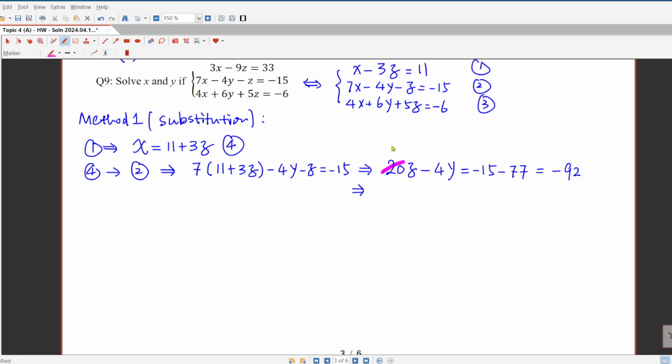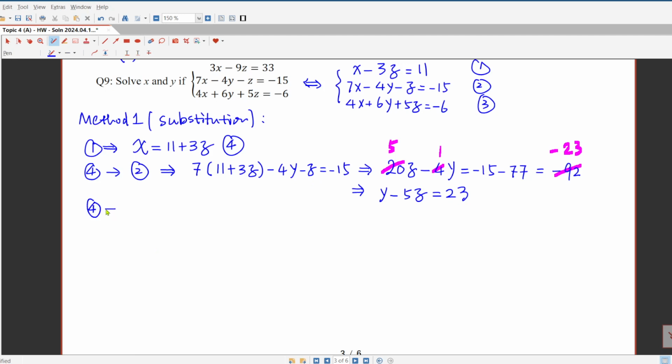So this will give us 5z, negative 1, y, 23, right? And that gives us y minus 5z equals 23, right? Okay, you can just leave it there.